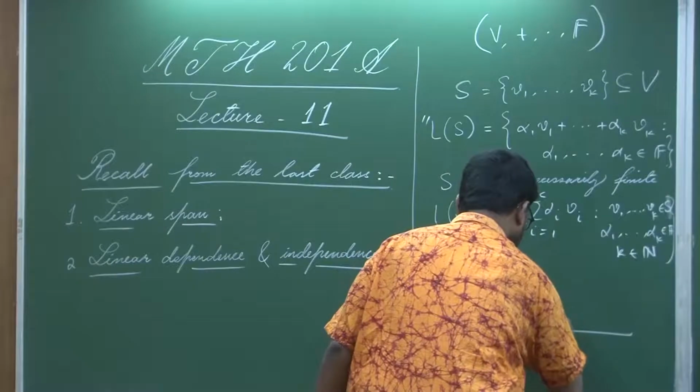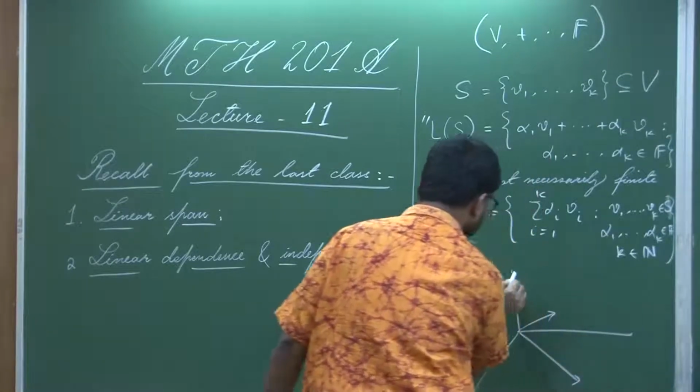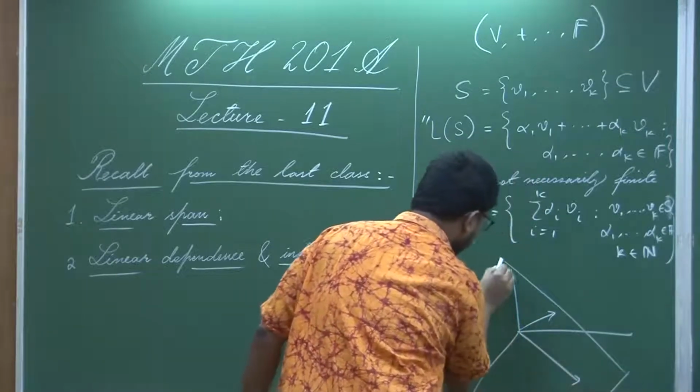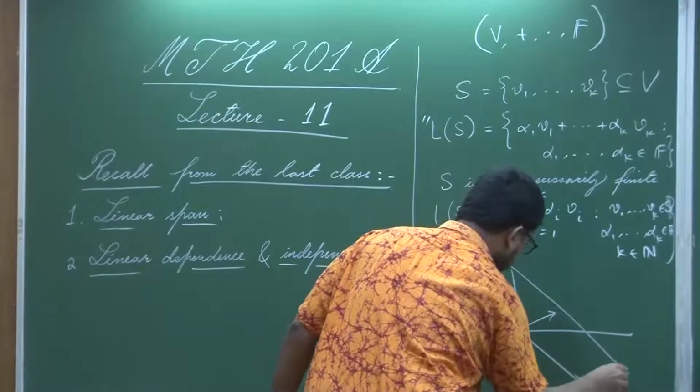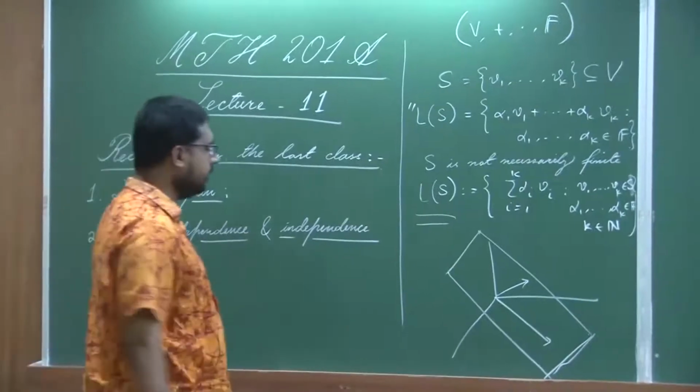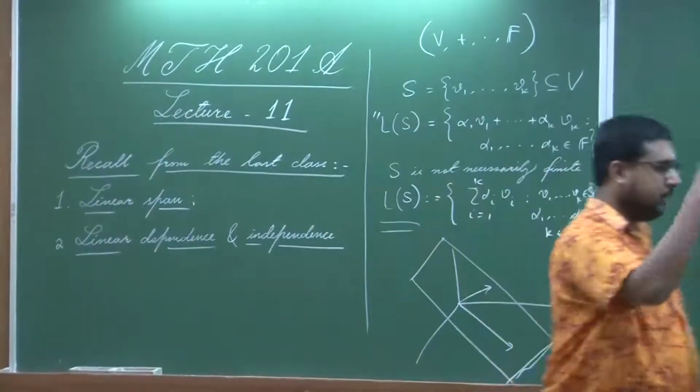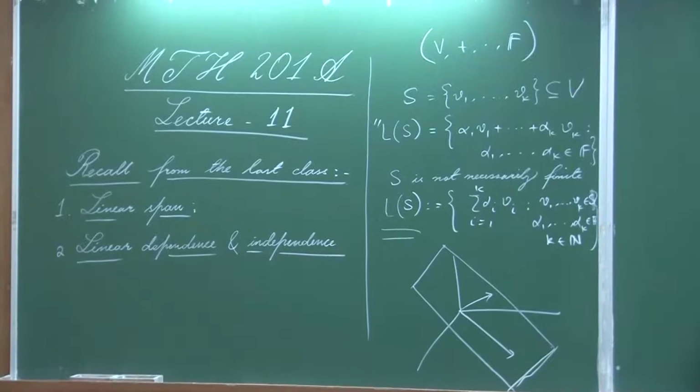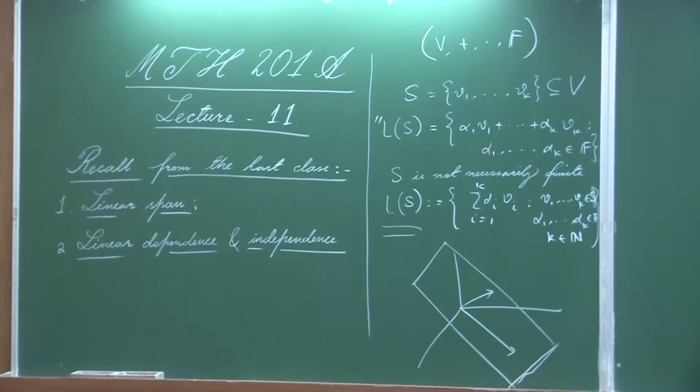Suppose this is one vector and this is another vector, then geometrically we have seen that it is actually a plane passing through the origin and containing these two vectors, but as I said our argument was geometric because we define lines and planes algebraically by equations.